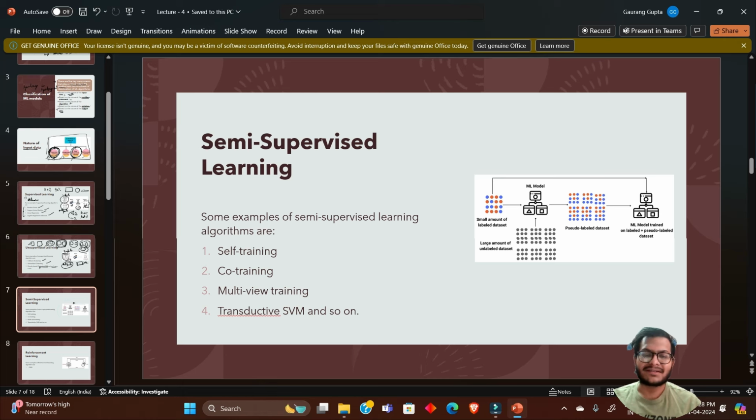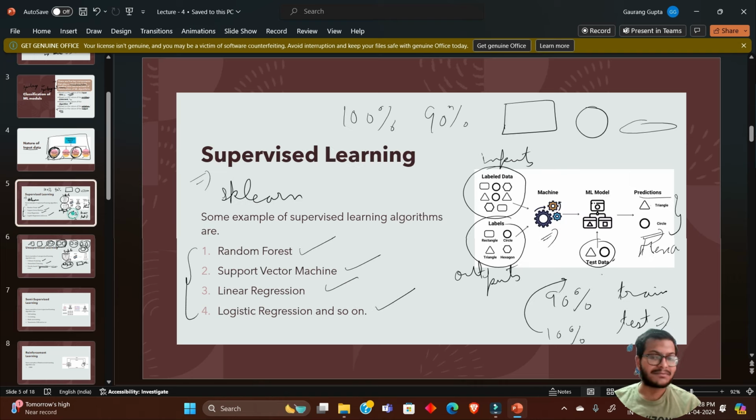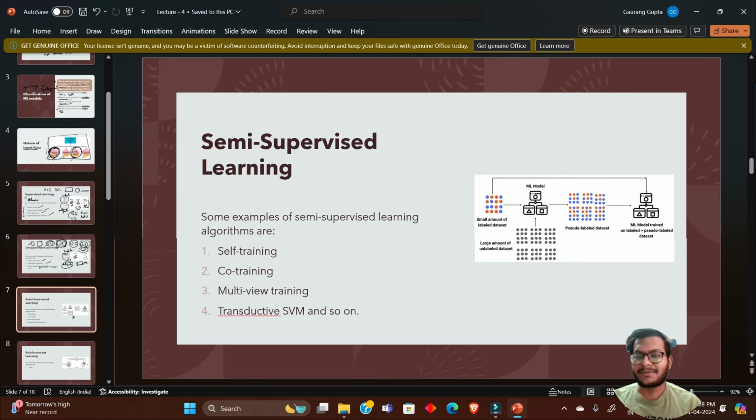Now, semi-supervised learning. This is actually the case which you will encounter mostly with real world data. Let's suppose I'm taking the same shapes example. Let's suppose I labeled these as rectangles, I'm writing only R for rectangles, this as circle.